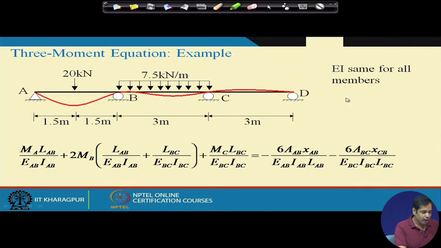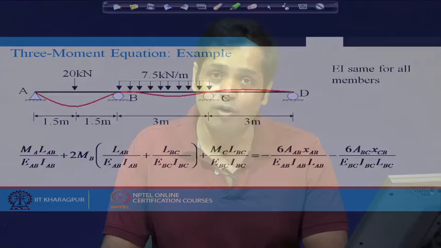Now, the important thing here is we assumed that in this example EI is constant throughout the length, right. But actually EI may not be constant, and if it is not constant, then we can take that variation into account in the three moment equation itself.